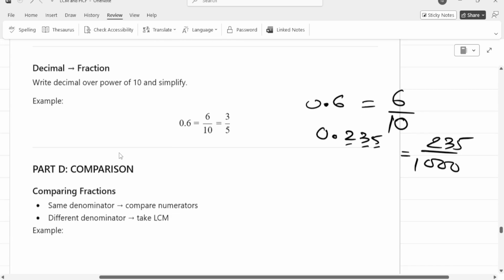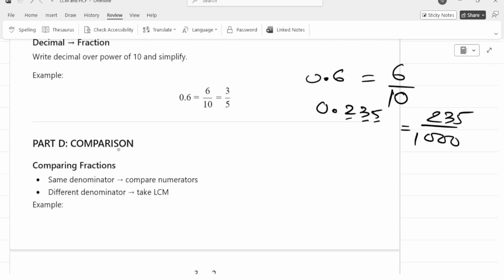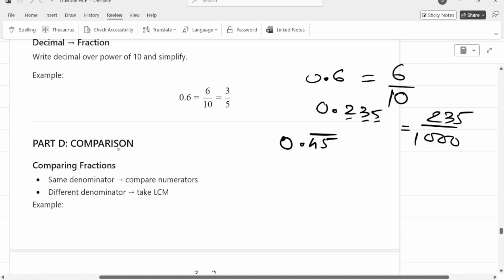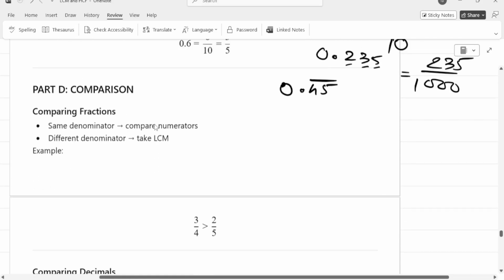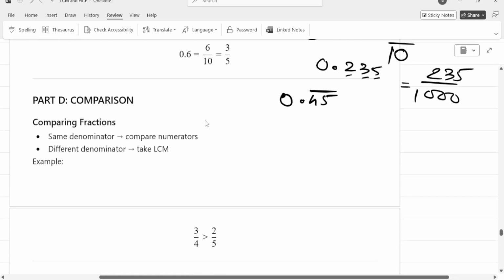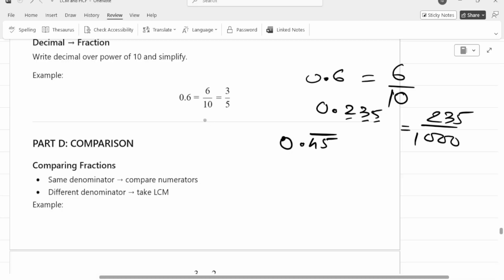Okay, now tell me what's the value of 0.45 bar in a fraction form. Yeah, maybe difficult for you, so I can explain.